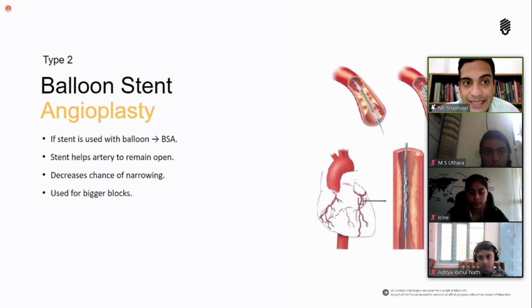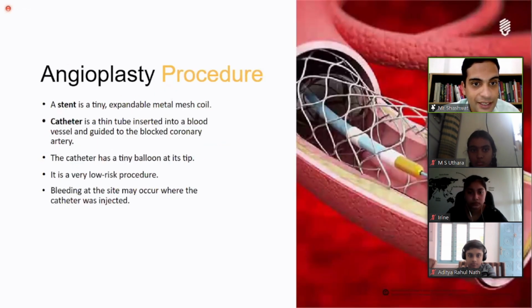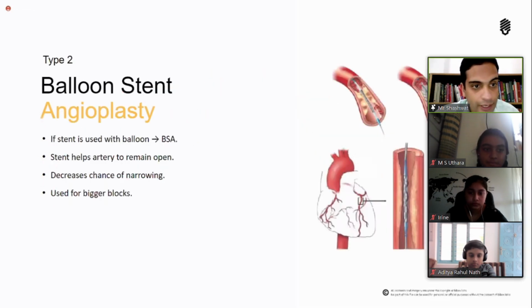Now coming to the second type of angioplasty, which is called balloon stent angioplasty. Do you all know what a stent is? I asked you to keep this in mind while we were discussing the angioplasty procedure. A stent is a tiny expandable metal mesh coil. So in type 2, balloon stent angioplasty, we have a normal balloon which is attached to a catheter.